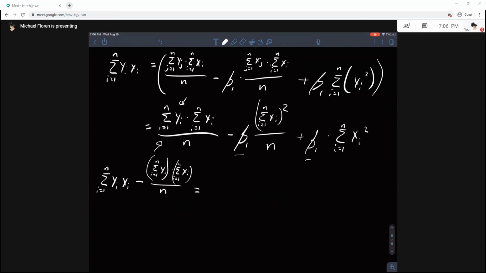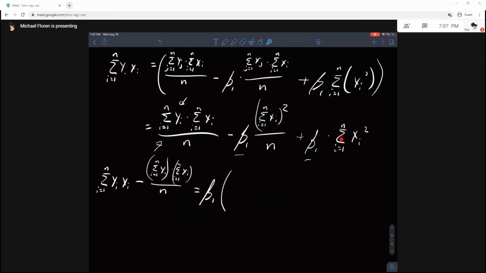equals, now I'm going to pull out the beta term over on this side. So we'll have beta 1. And then, so that we have the minus sign on the second side, I'll actually switch the order of these.